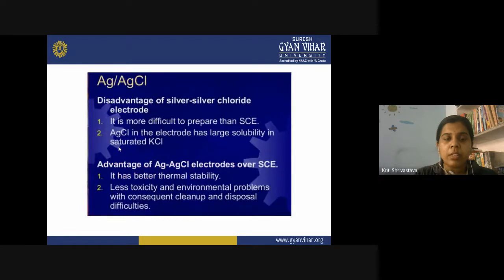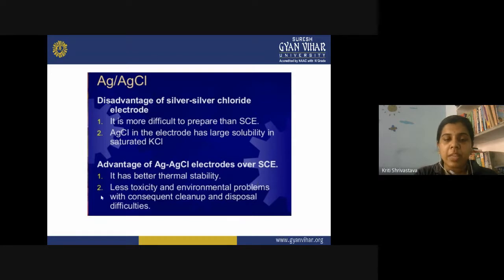So it also has some advantages over the standard calomel electrode. Like I told you, mercury in the calomel electrode is quite poisonous and it can have large environmental impacts. So when you compare it with the silver chloride electrode, it is less toxic and it is not producing any environmental problems with consequent cleanup and disposal difficulties, which are there in case of your standard calomel electrode.